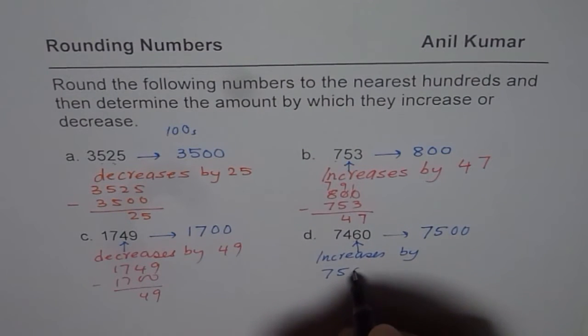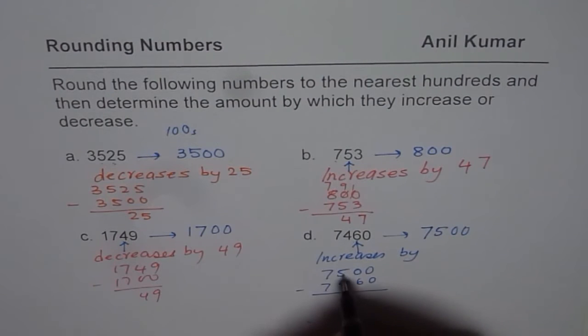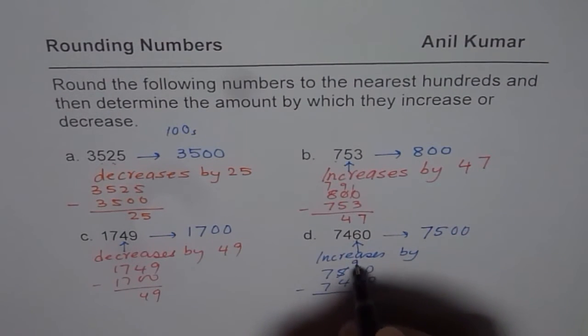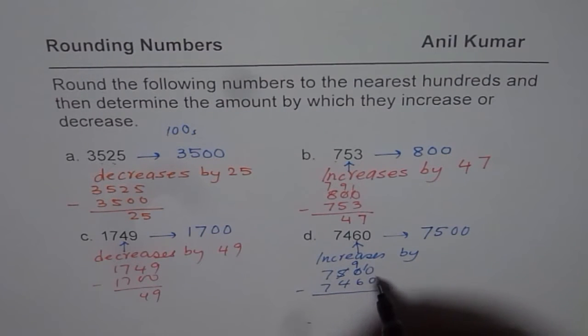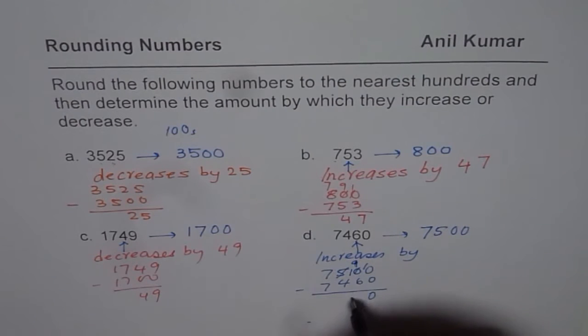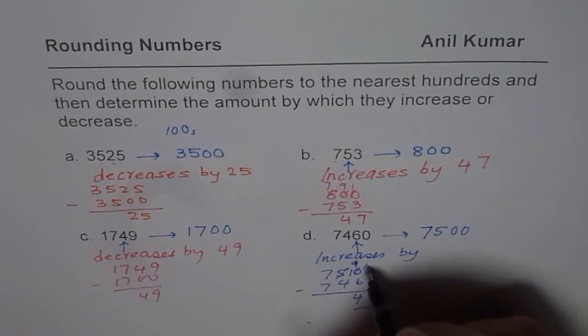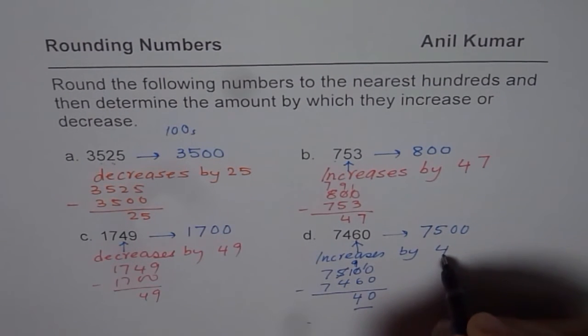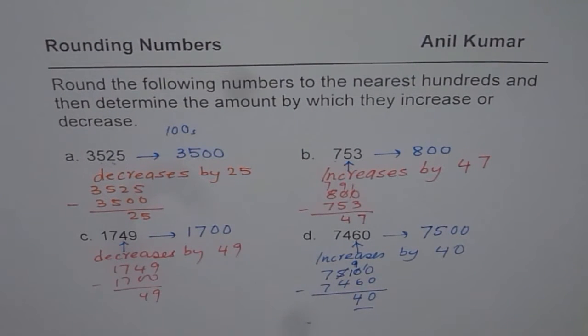That is 7500 take away 7460, right? So borrow from here. So this becomes 10, then again borrow 9 and 10. I'm sorry, this is already 0, that is fine. So this becomes 10, we get 4, and we borrow, so 40. So it increases by 40. So that is what we get as our answer.